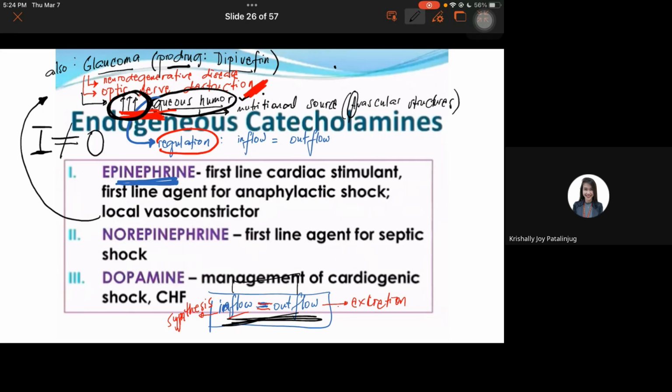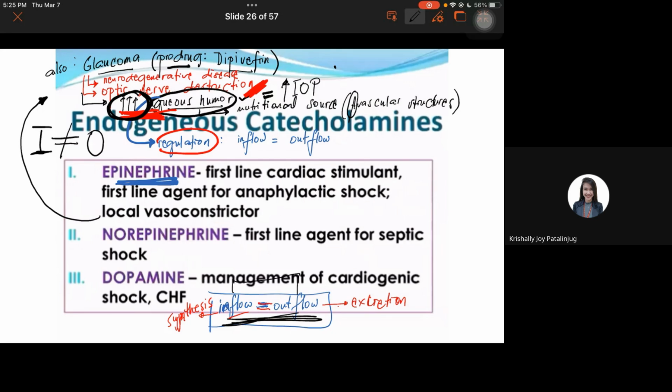Siyempre, kapag mataas yung fluid in one area of the body, halimbawa, sa mata, mataas yung liquid, yung aqueous humor, ang pressure dyan, tataas din. And we actually have a specific term for the pressure na nakakreate sa mata. We call that intraocular pressure.